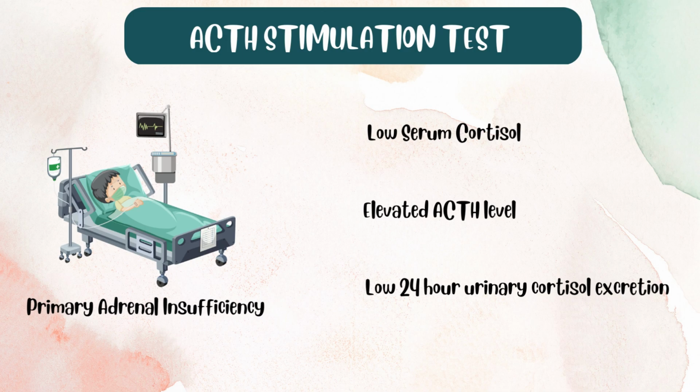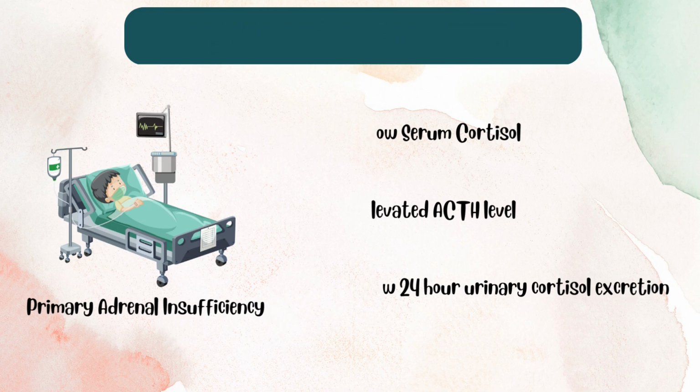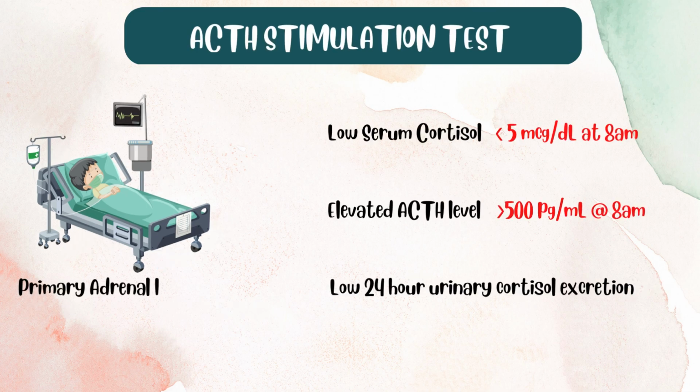A helpful rule of thumb is that in symptomatic patients, an 8 a.m. serum ACTH concentration greater than 500 picograms per ml and a concomitant serum cortisol concentration less than 5 micrograms per deciliter is diagnostic of primary adrenal insufficiency. In this setting, an ACTH or cortrosyn stimulation test is unnecessary.